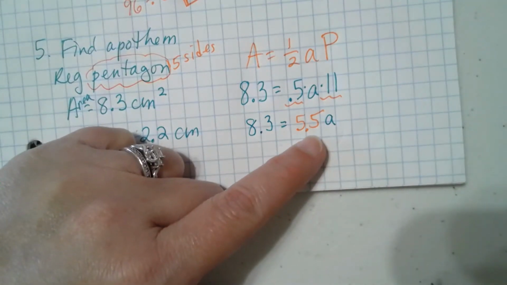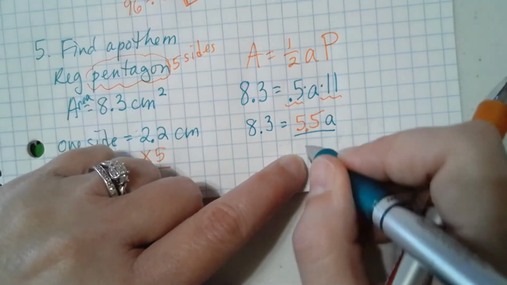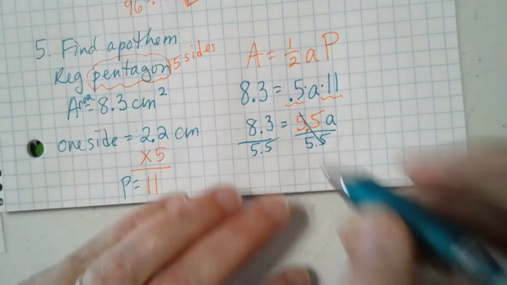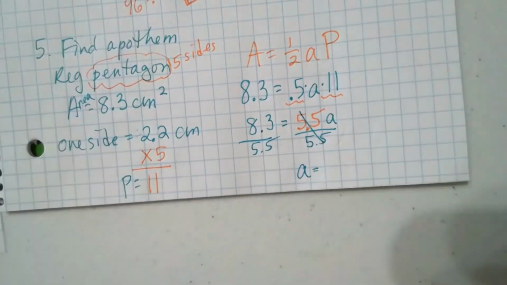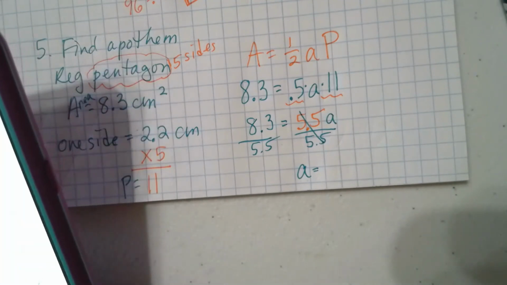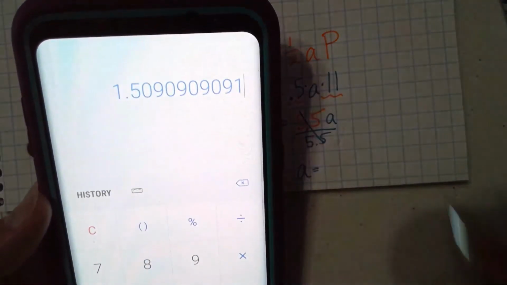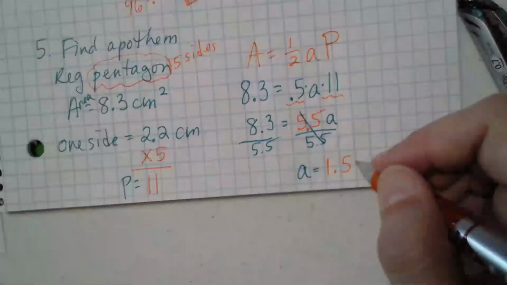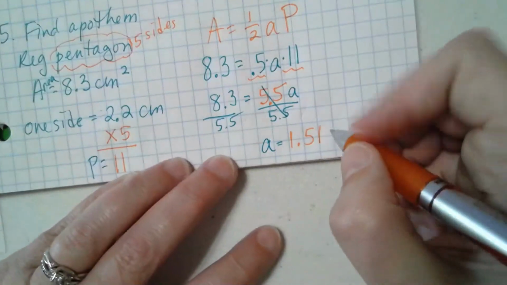To get the 5.5 away from the a, we're going to divide both sides by 5.5. That'll leave us with little a, and 8.3 divided by 5.5 is 1.5, or 1.51, if you will, centimeters.